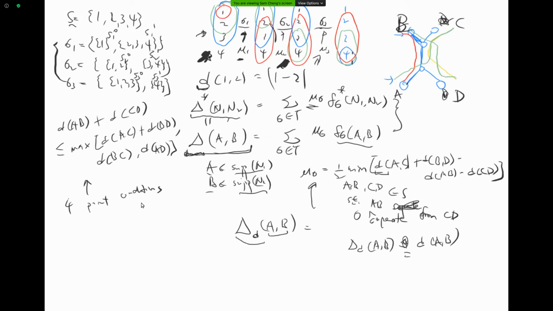Therefore D(A,B) plus D(C,D) will be less than or equal to D(A,C) plus D(B,D). And of course it depends on how I assign these labels.